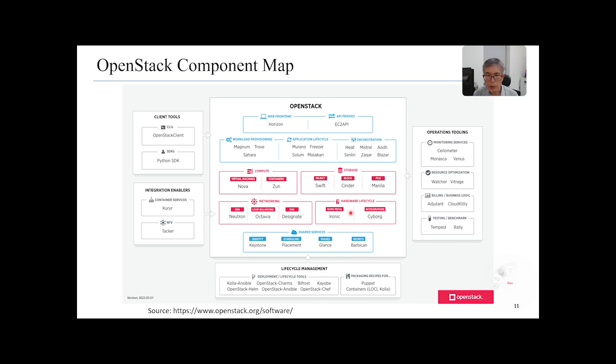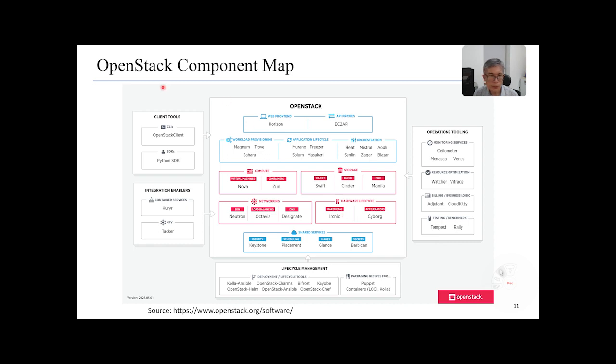This figure shows a lot of OpenStack projects. The web front end, then workload provisioning, application lifecycle management, orchestration, and the computing resource management, storage resource management, networking resource management. Especially Neutron is for networking, and hardware lifecycle management, bare metal management.